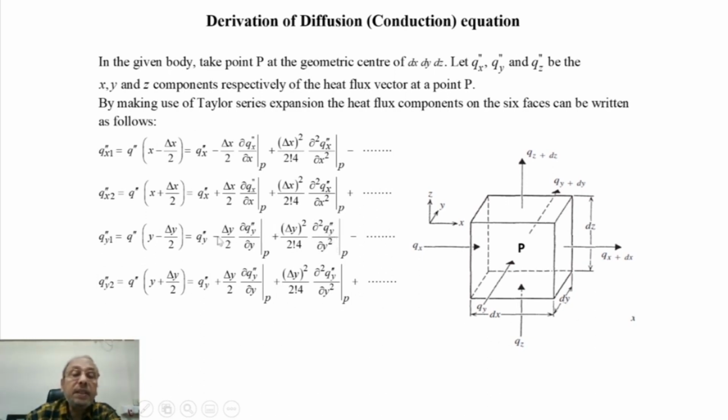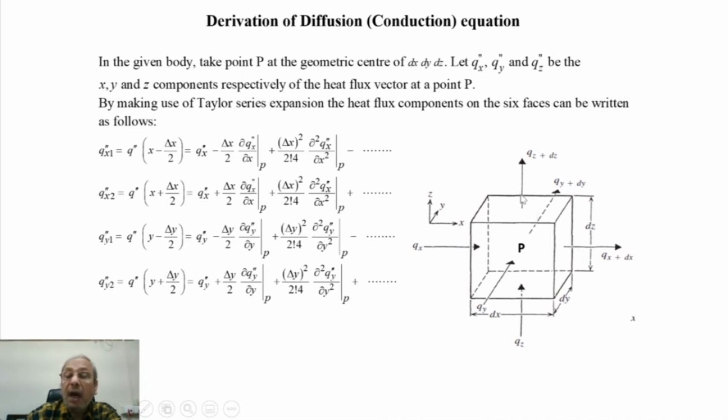Here we can see the minus sign for the Taylor series expansion, the point which is behind the point of interest. Here also we can see the minus sign. Here we can see the plus sign because it is on the right face.